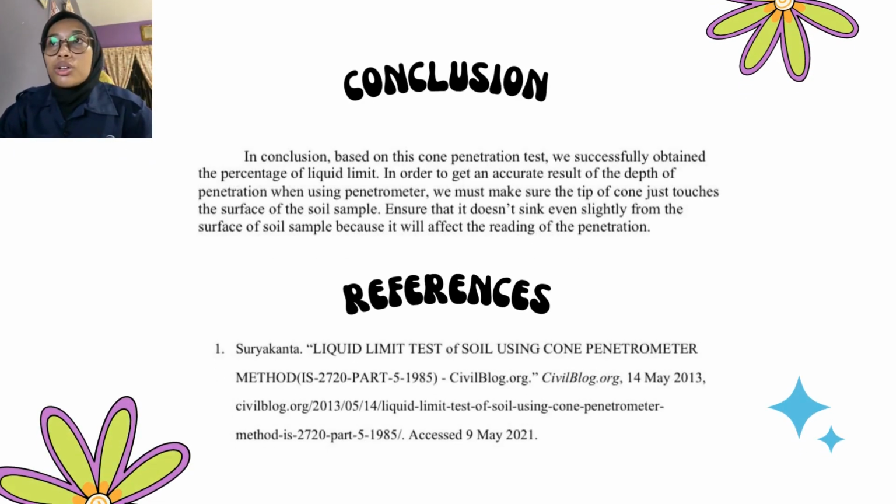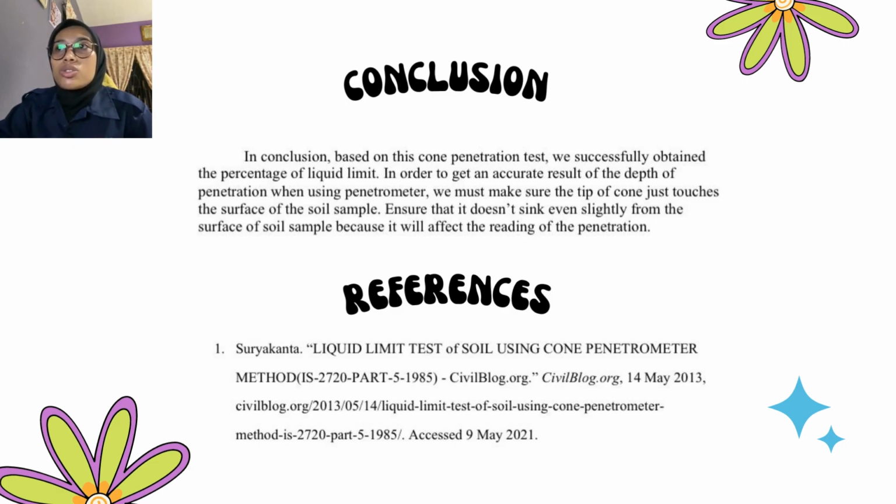Conclusion. In conclusion, based on this cone penetration test, we successfully obtained the percent of liquid limit. In order to get an accurate result of the depth of penetration when using the penetrometer, we must make sure the tip of the cone just touches the surface of the soil sample.